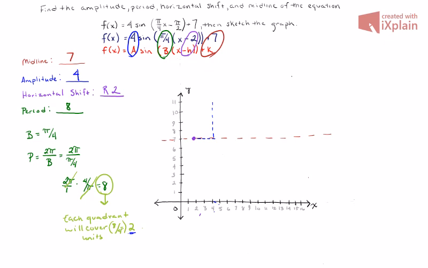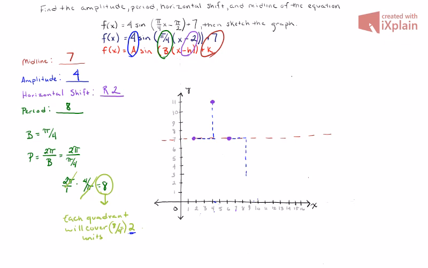My next point is going to be located at (4, 11). When we move to the next 2 units, I come back to the midline. So I go over to the right 2, to the x value of 6, and I put my next point there. Then I go over to the right 2 again, and since my amplitude is 4, I go down to 3.